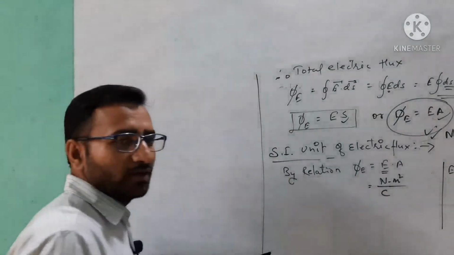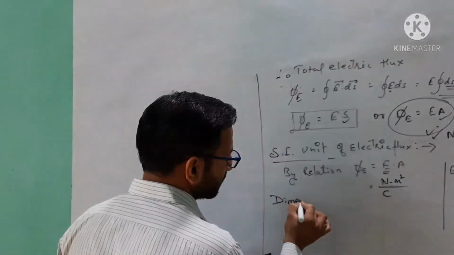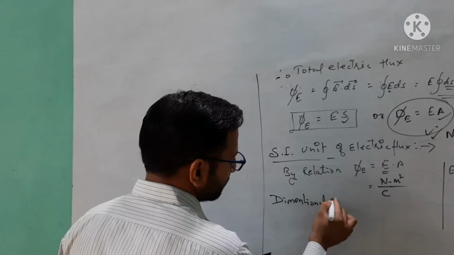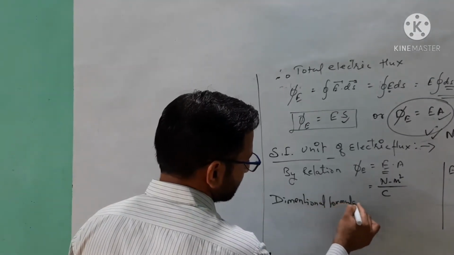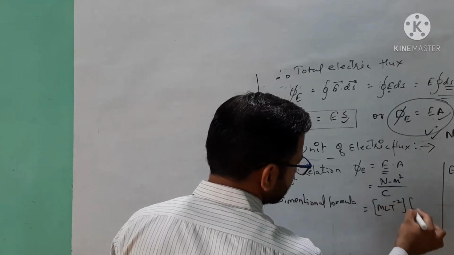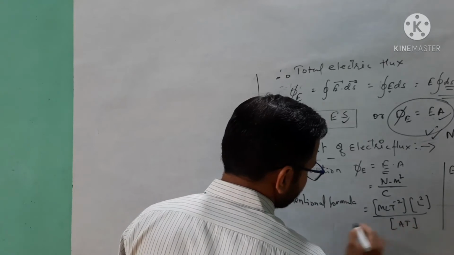And after that, if we want to represent the dimension formula, no need to remember, you have to calculate. Dimensional formula, what will it be? The dimension formula of Newton is MLT minus 2, and this one L square, and this one AT.